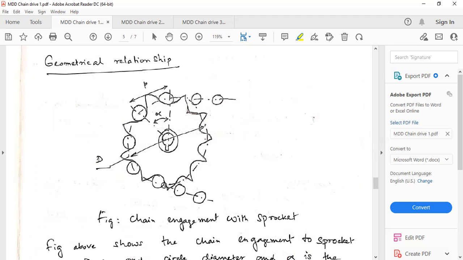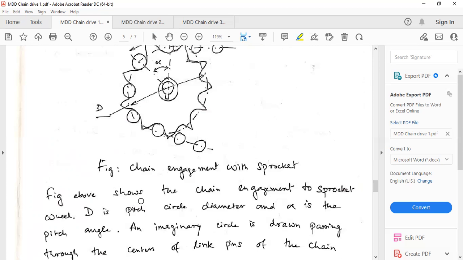If you connect the centers of these rollers in this manner, you will get an imaginary circle. This is called a pitch circle, and the diameter of the circle is the pitch diameter.